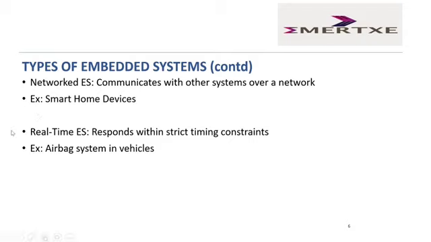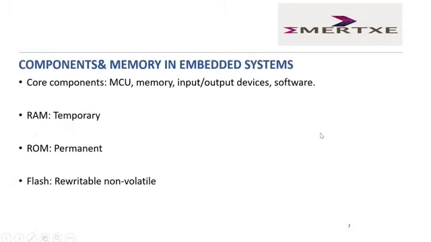And coming to the next slide, components and memory in embedded systems. The core components are the MCU, microprocessor, microcontroller unit, memory, input and output devices, and software.